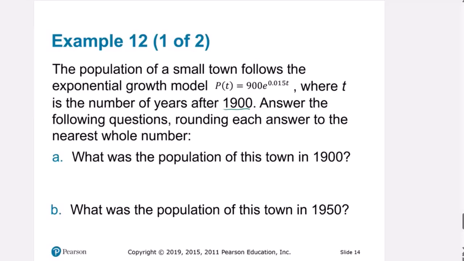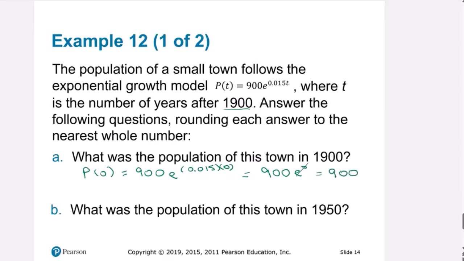T is going to equal 0, right? So we would have P of 0, which equals 900 e to the 0.015 times 0, which is really the same as 900 e to the 0. Anything to the 0 is 1, so we just get 900.